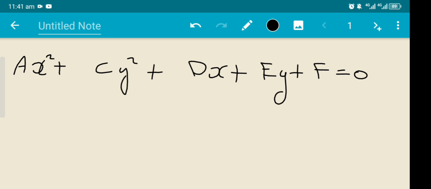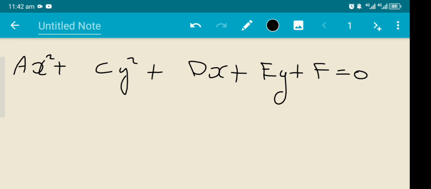If your equation looks like this, before you start evaluating your equation, as we discussed in the previous videos if you watched them, how can you know that this here is not a rotated conic section?